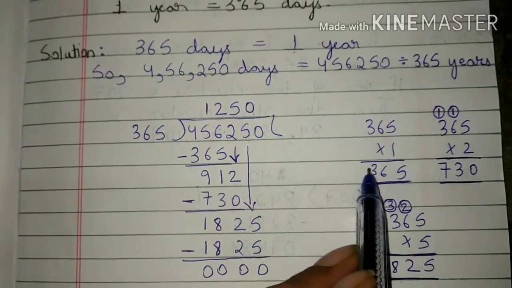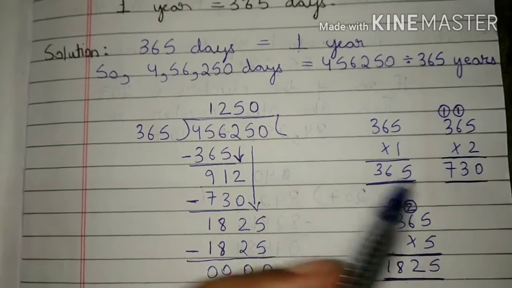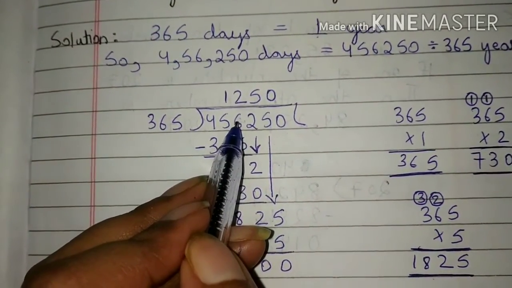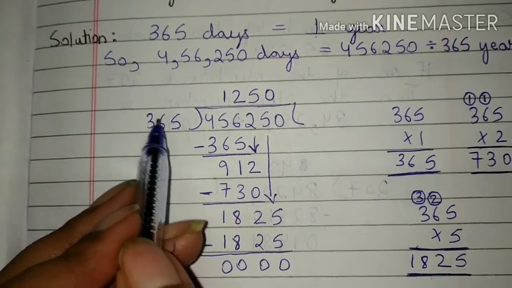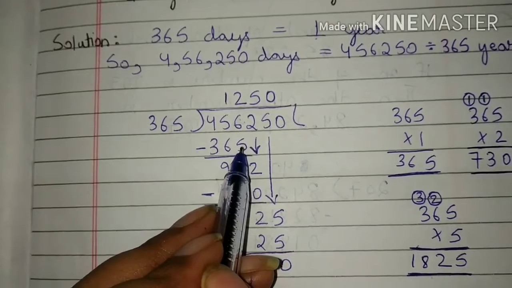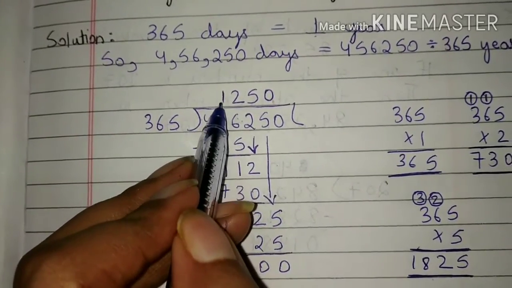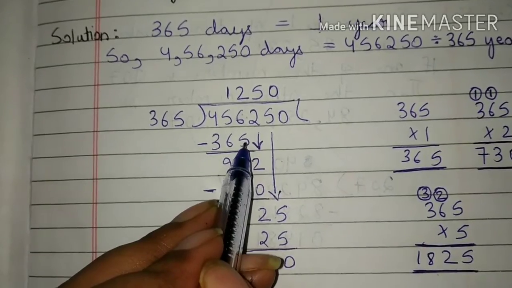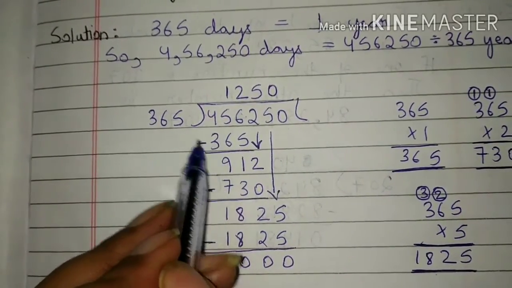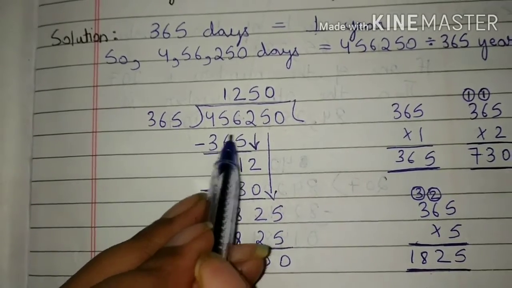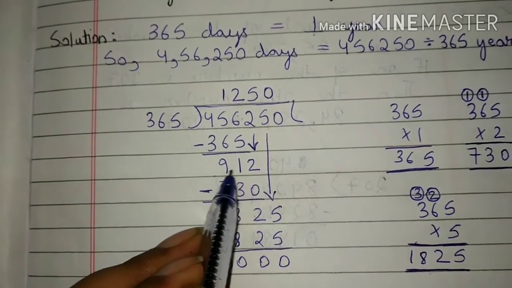And this 365 is just smaller than 456. So we will consider 365 into 1 is 365. We will write 1 here and we will write 365 here. Now we will subtract these two numbers. 456 minus 365 will give 91.